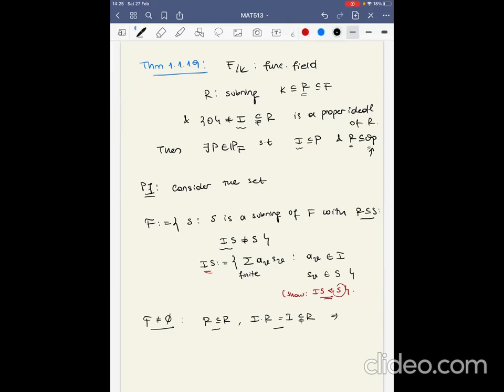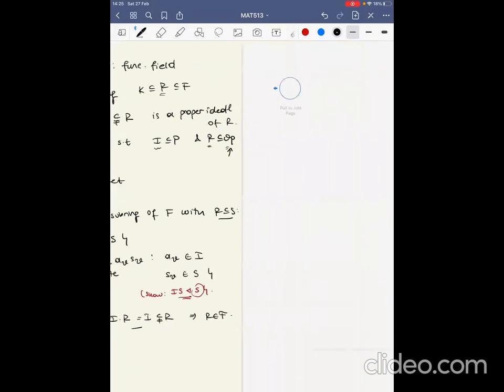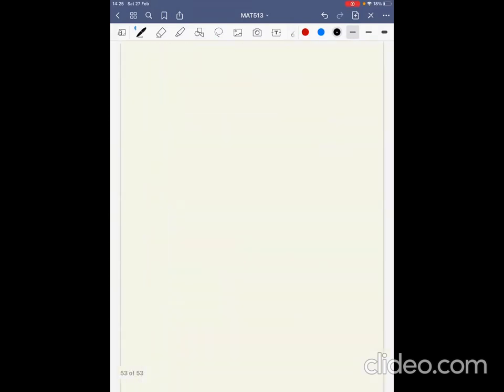So R is in the curly F. And now we want to show that this is an inductively ordered set by inclusion.